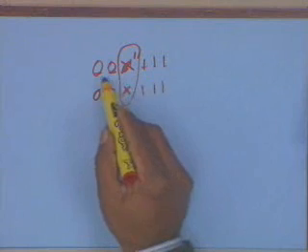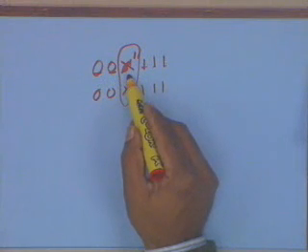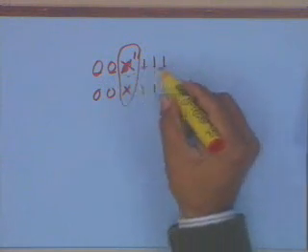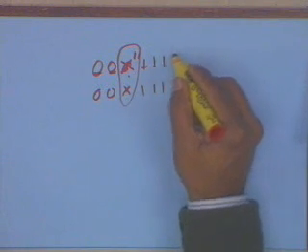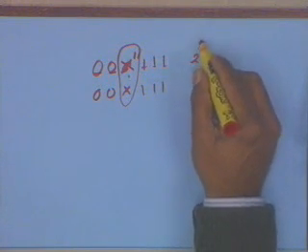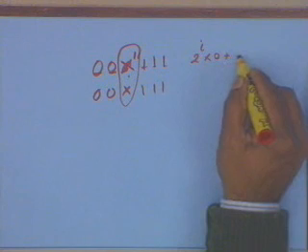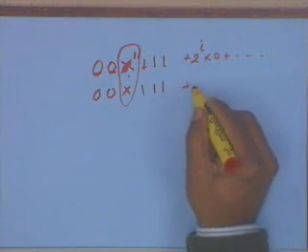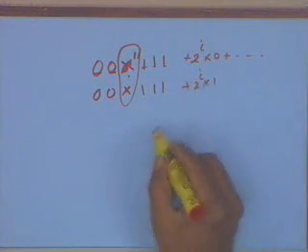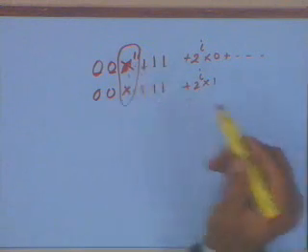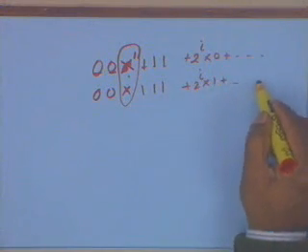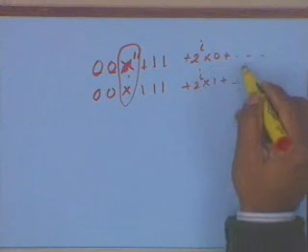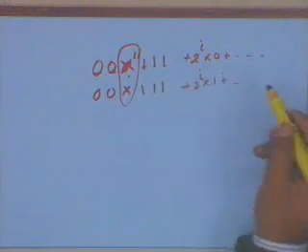If I consider the equivalent integer of this, the weight of this, let's say the weight is i, so it is 2 raised to i into 0. This is the sum that it will contribute to the integer, and this will contribute 2 raised to i into 1, because this is present here and this is absent here. And the rest of this, whatever they contribute, they should contribute the same. Some may be 1, some may be 0.